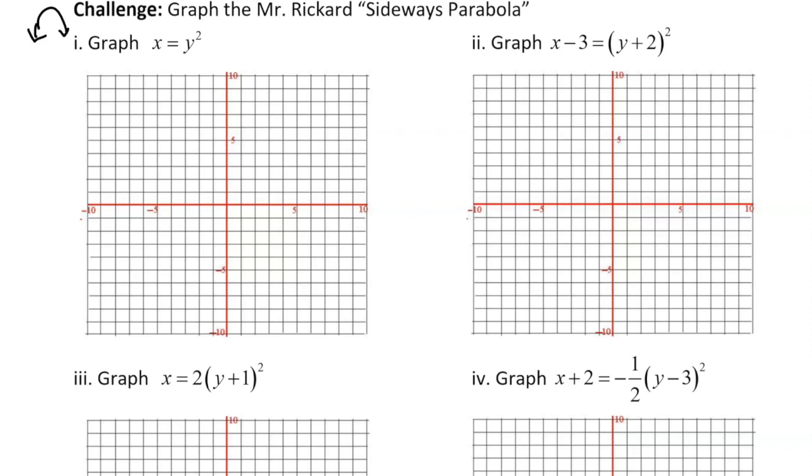If we put in 0 for x, we get 0 for y, so we still have the point (0, 0). But if I put in 1 for x, the y could have been positive 1, since positive 1 squared is 1, or it could have been negative 1, since negative 1 squared would also produce positive 1 for x.